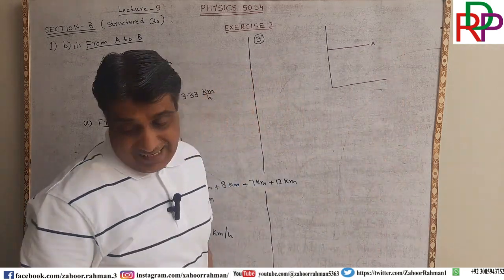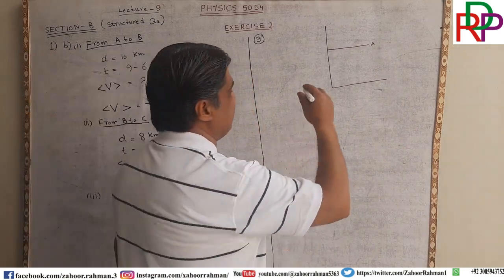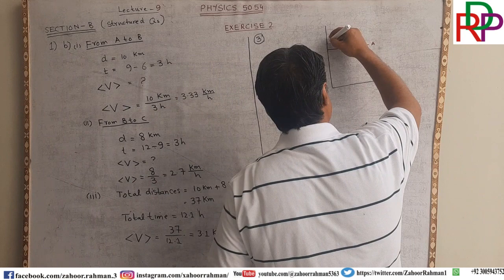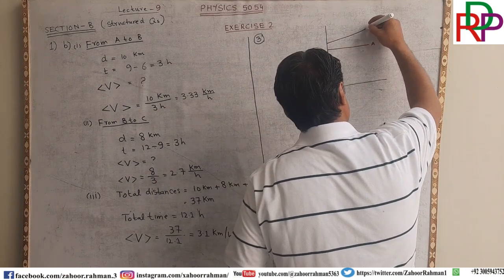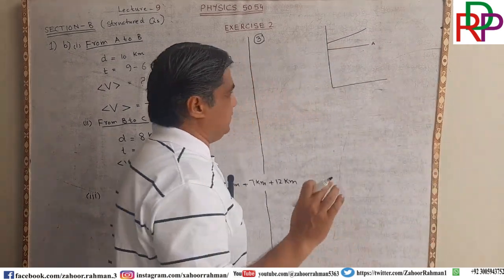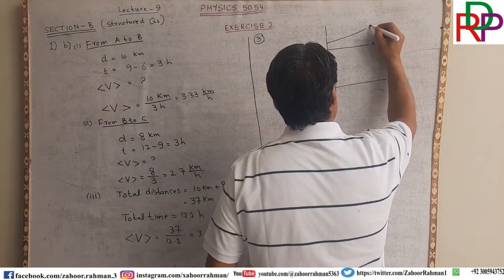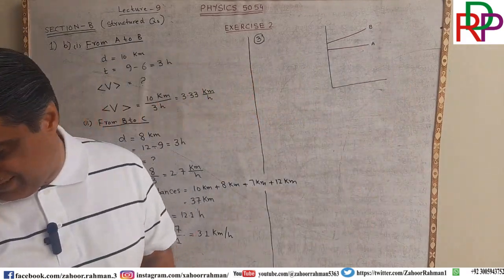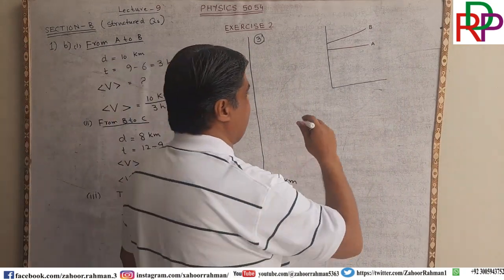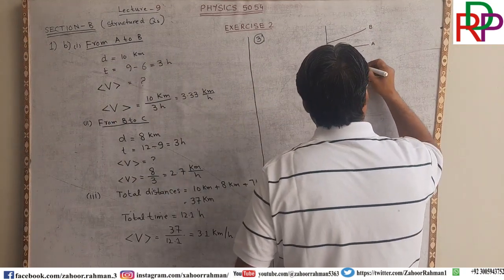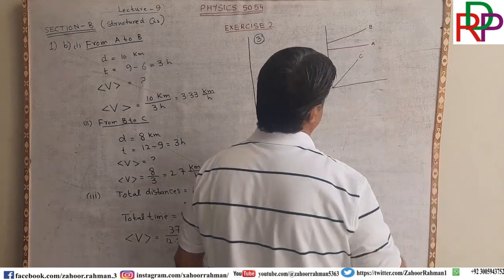The second line is B and that is a bit sloped line, and the third line they have given us, that is C, which is this one.